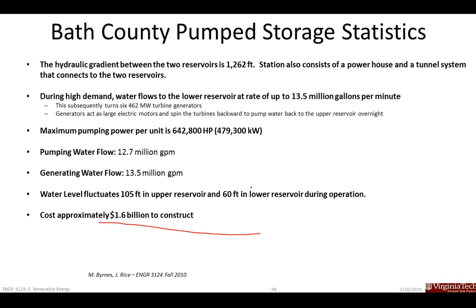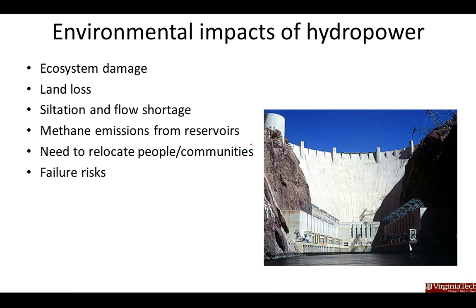The approximate cost to construct was $1.6 billion. It's not cheap. You're not going to get that money easily. This was, what did I say, 85. So we don't really have a lot of these that we're building all the time. They're rather expensive. So let's continue on.